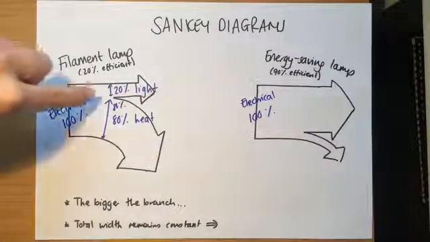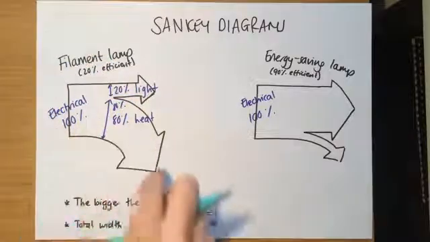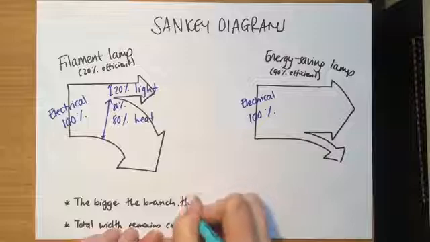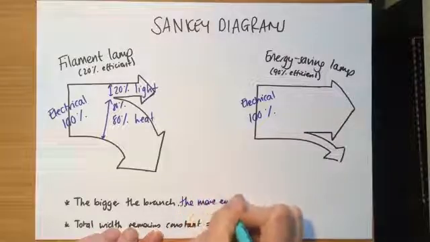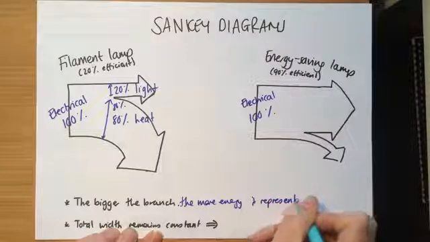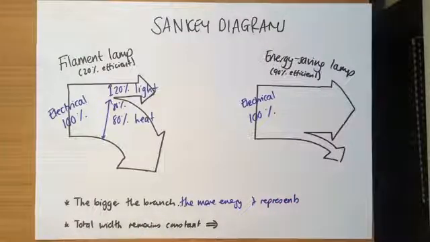So the size of the branch shows you proportionally how much energy is being used. I've got a rule down here: the bigger the branch, the more energy it represents, and it should be done quite carefully. Normally in an exam you get given a grid to draw this on, so you can definitely count squares and make sure your area is completely right.